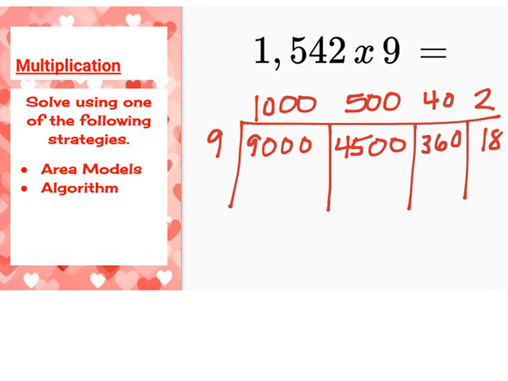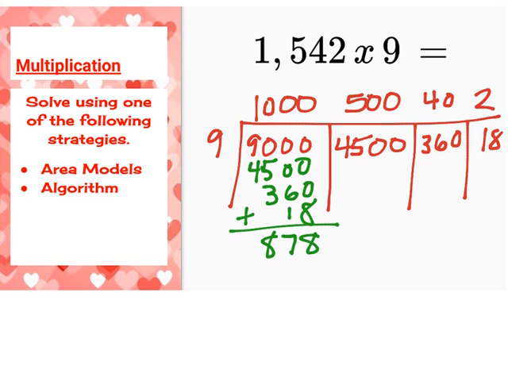Now I need to take all of these and I need to stack them on top of each other and add. I have 8, 7, 8, 13. So 13,878. Okay, let's solve this using the algorithm.